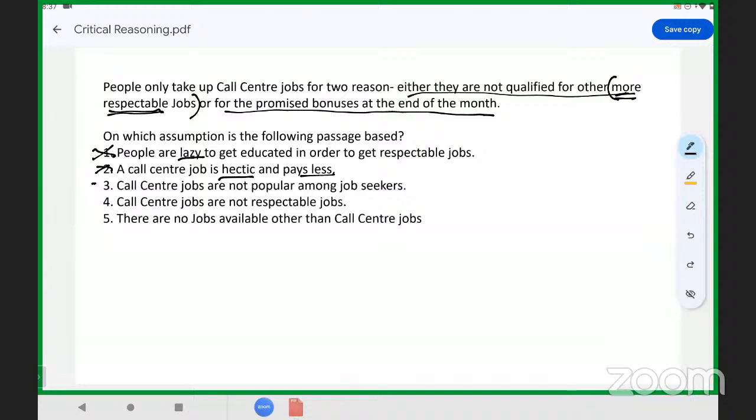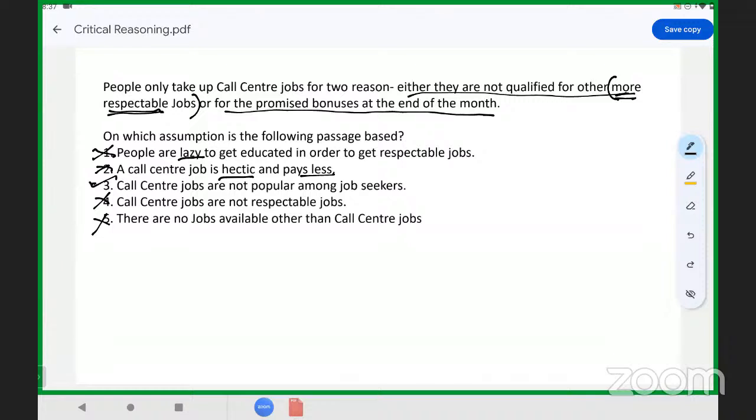It's just mentioned that people are not qualified for more respectable jobs. It has not been said that these jobs are not respected. There are no jobs available other than call center jobs. This is wrong, because then it would not be mentioned that there are more respectable jobs in the market. So the only correct answer is call center jobs are not popular among job seekers.